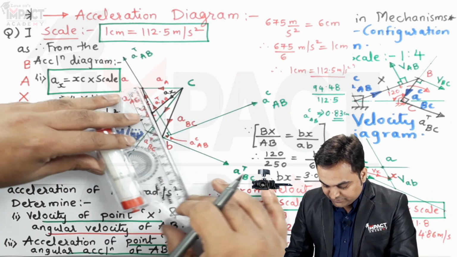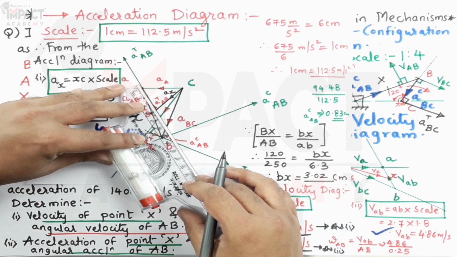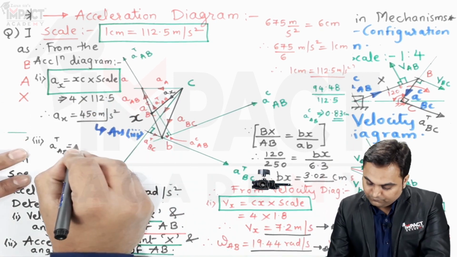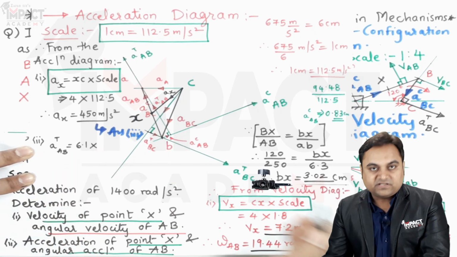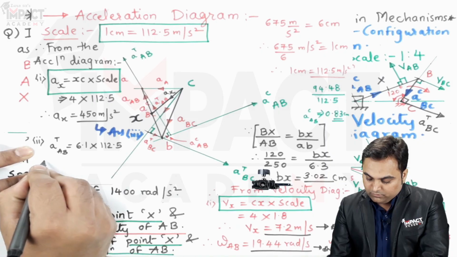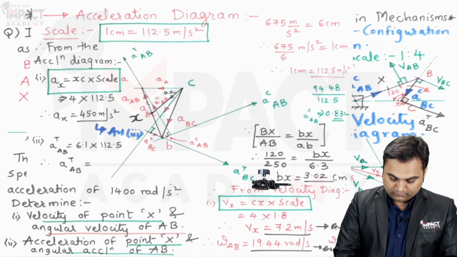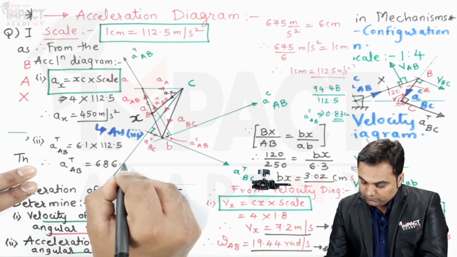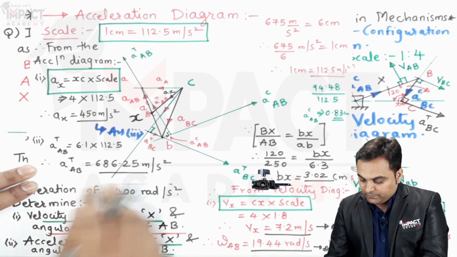This is the main acceleration, and here this green line is showing the tangential acceleration. So measured in terms of centimeter, it is 6.1 centimeter multiplied by the scale 112.5. So the tangential acceleration comes out to be 686.25 meter per second square.